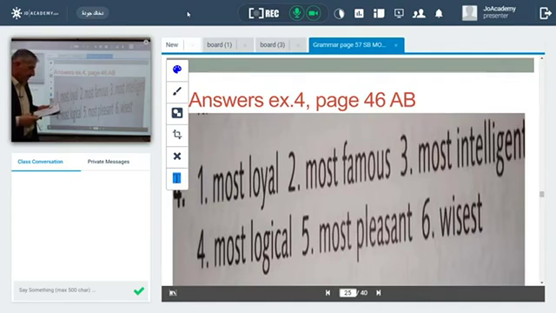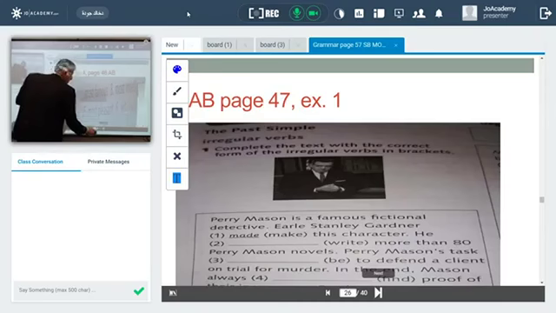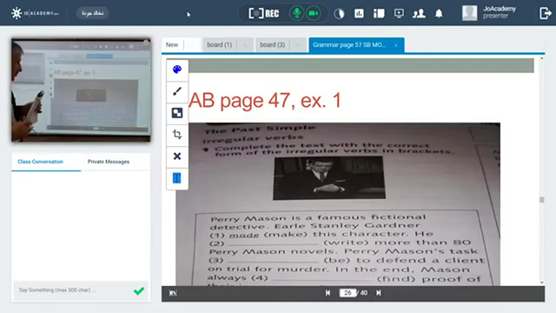Okay. Now we are left with the second section, page 47. We have the past simple. We have to talk about a quick revision of the past simple. Okay, dear students, I know it's long, but we need to do it today.